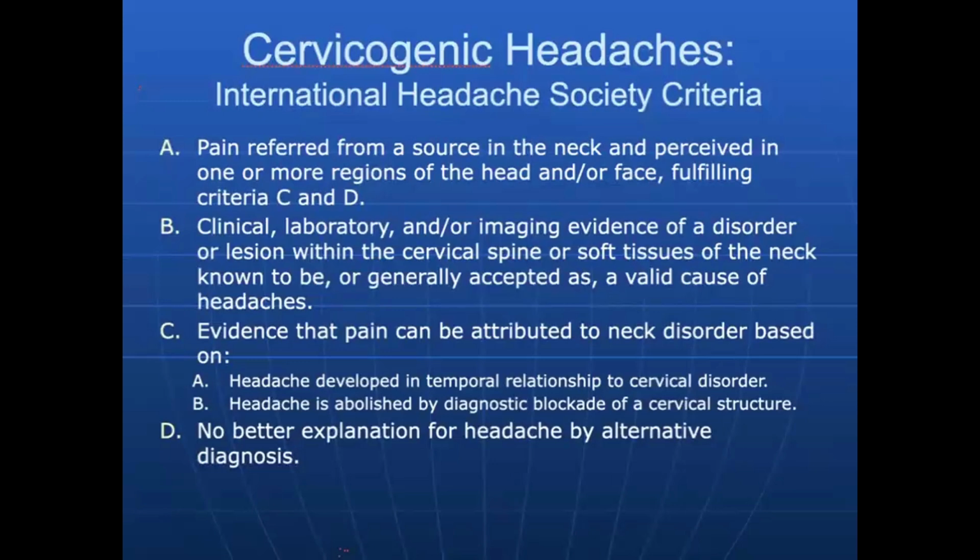We try to identify what is the structure within the neck that we think is causing the headache, and then we try to anesthetize that structure, numb it up, and see if their headache goes away. And then criteria D is there's no better explanation for the headache or alternative diagnosis. In other words, you've ruled out migraines, you've ruled out other possible sources of the symptoms, and we think it's coming from the neck. Okay, next slide, please.